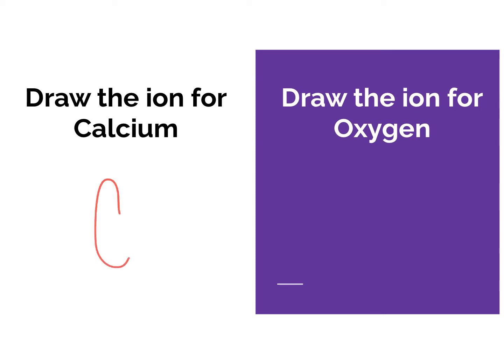So first, what I have to do to write my ion is I have to write the symbol, then I have to write the charge, and my gain or loss. Calcium is going to be a +1 ion. For oxygen, oxygen is all the way over in the 6th family. So oxygen is going to be a -2 ion.